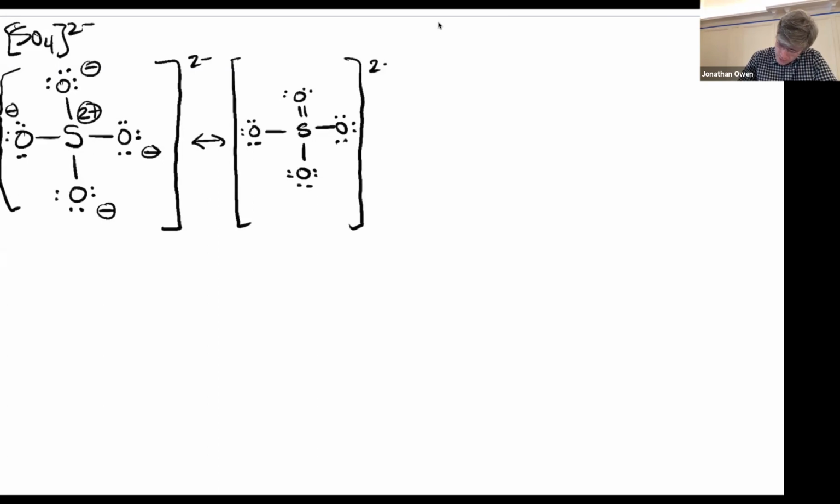So we're after a 2- ion. And what I've done here is I've taken an electron pair from this oxygen here, and I've pushed it back toward the sulfur and used it to make a covalent bond. All right, and when you do that, it neutralizes the charge on the oxygen.